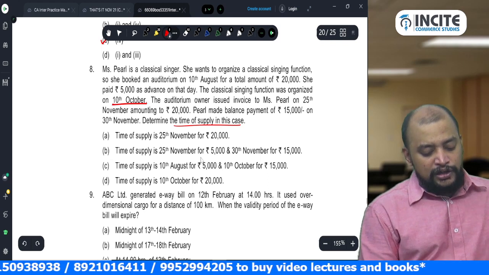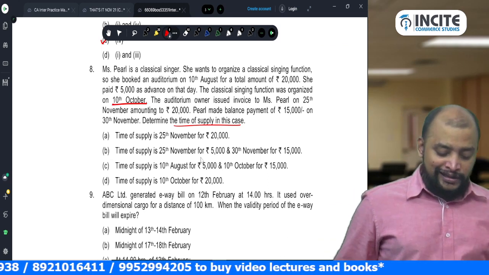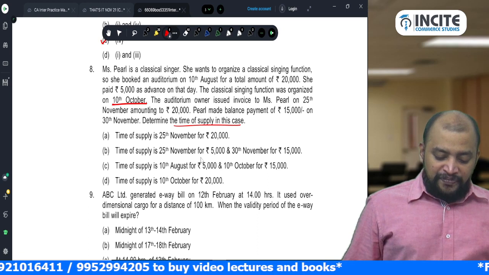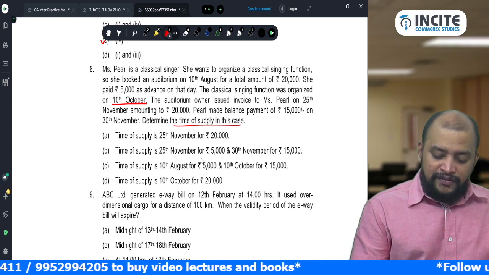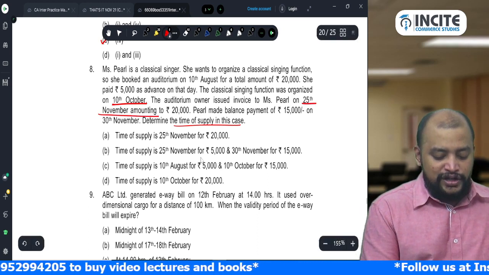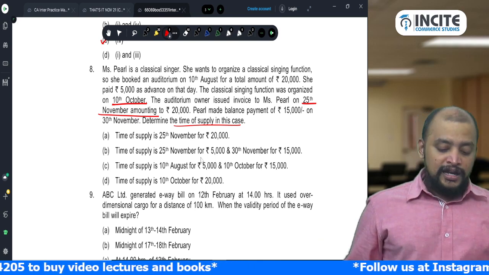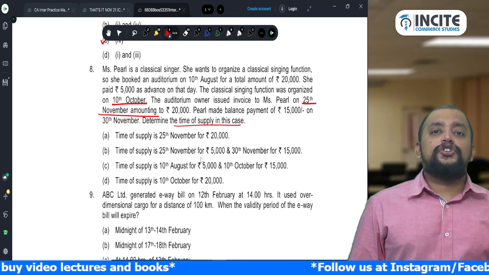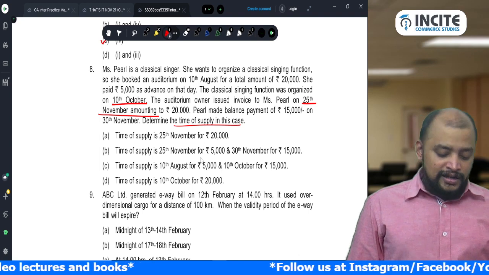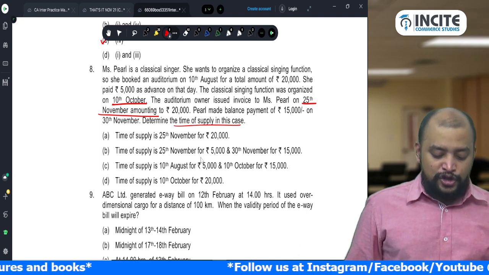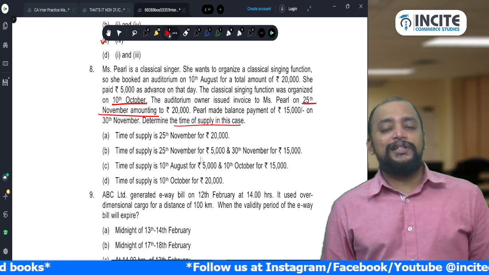So from 10th October, whether the invoice is given within 30 days. The invoice is given on 25th November. So the invoice is not within 30 days. So 10th October, the invoice should be within 30 days. So by 9th November it should be, but here it is 25th November, not within 30 days.